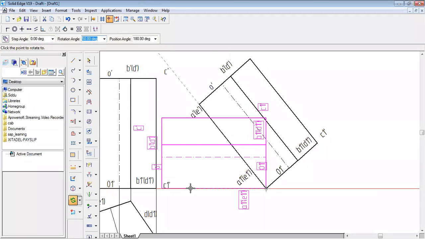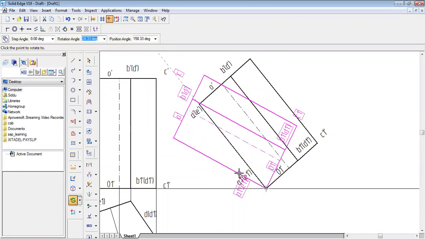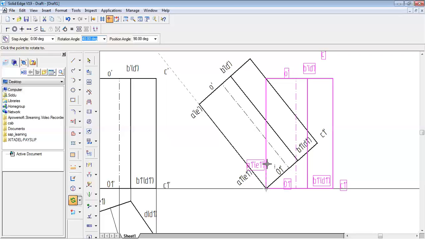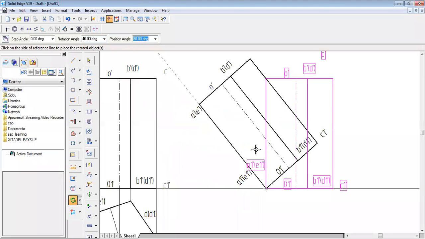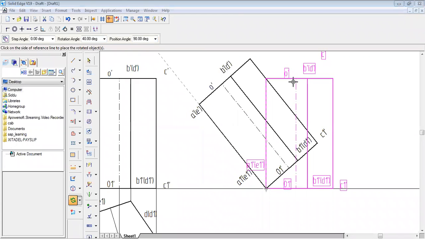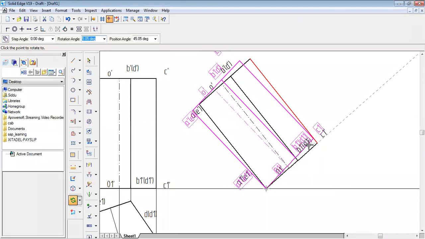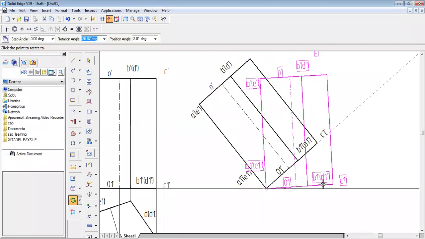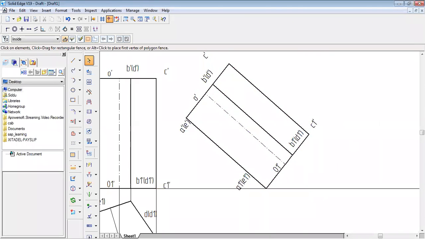See here, this is 0 degrees, so this should make 40 degrees. You are getting a point. So the rotation angle should be set.